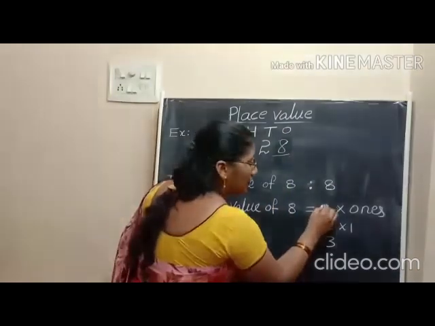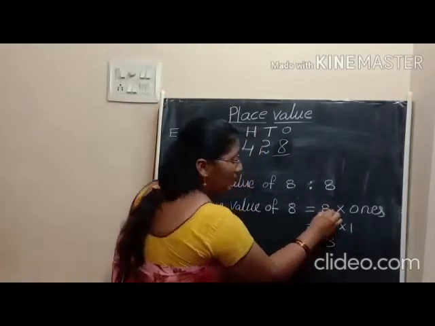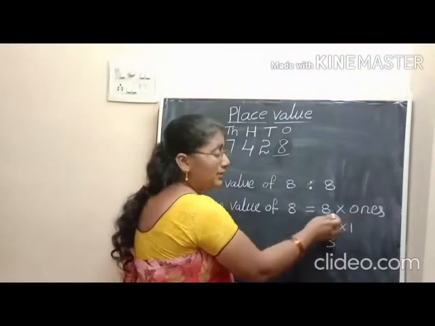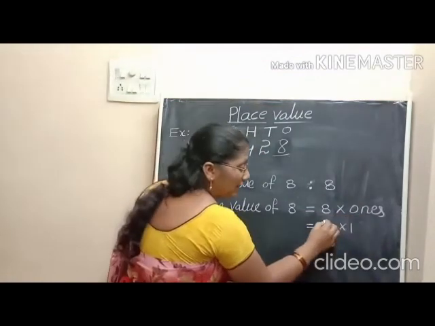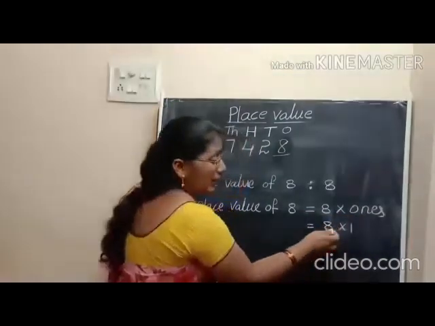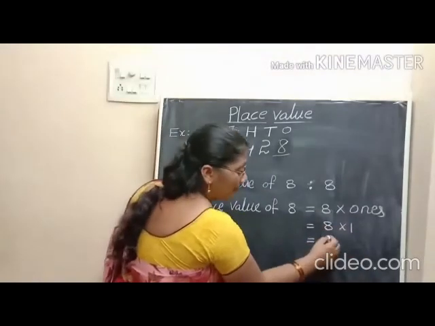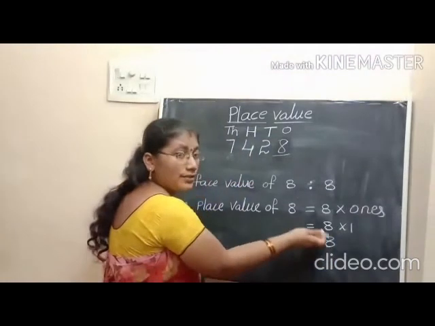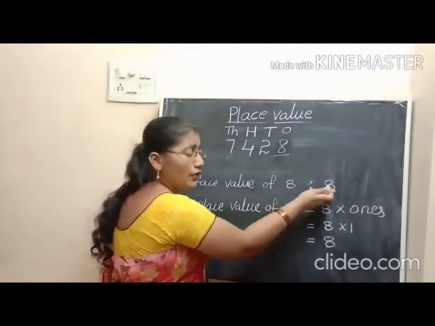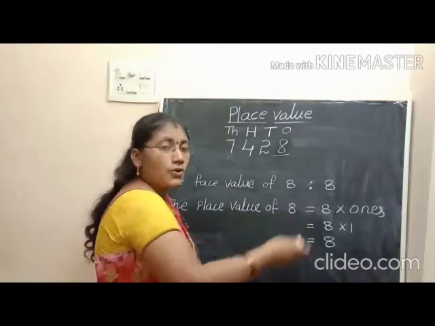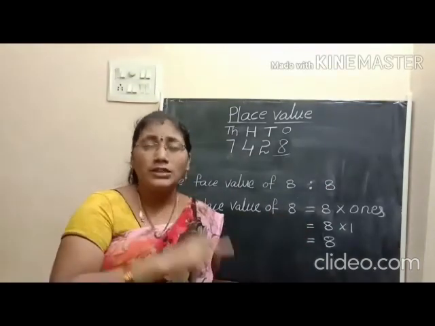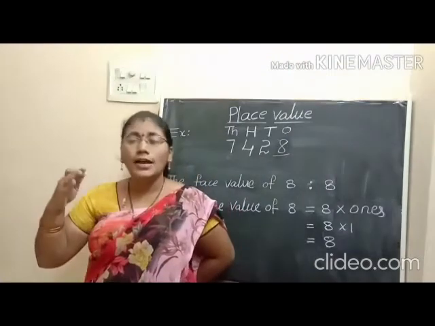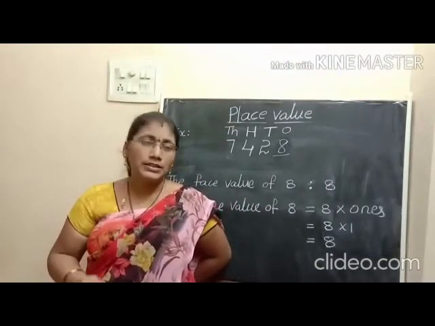So, the face value is 8 and place is ones. By taking the product, 8 into 1, we get 8. What is the place value of 8? 8. What is the face value of 8? 8. So, the digit which is in ones place has the same place value and face value. Is it clear, children?